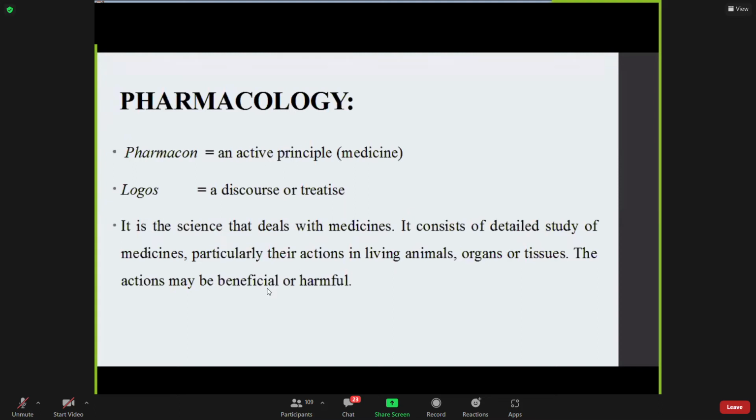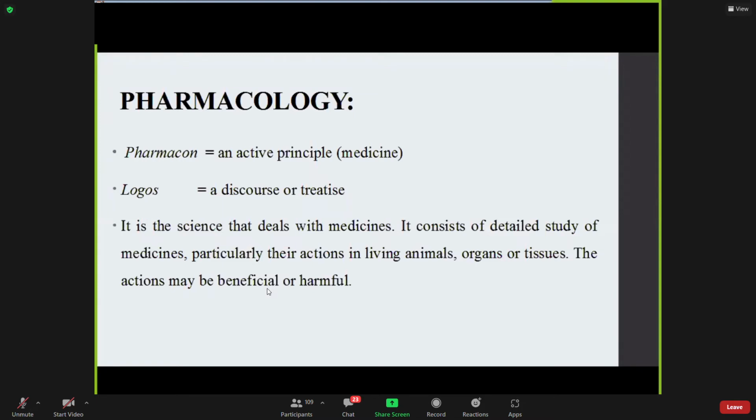So starting with certain definitions, pharmacology. First, we can divide the word pharmacology into parts. One is pharmacon and second is logos. The meaning of pharmacon is an active principle or a medicine. So the main active drug which is present in a certain formulation is a pharmacon.